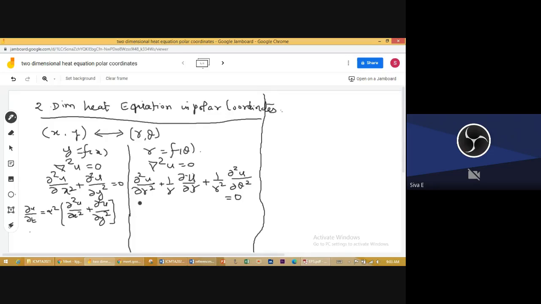Fine. This is the steady state equation.